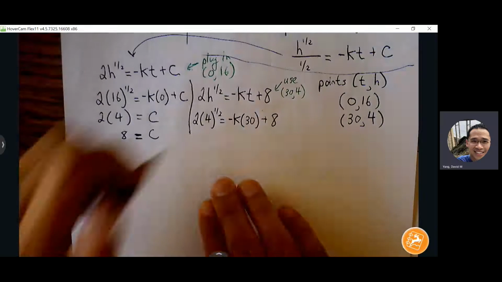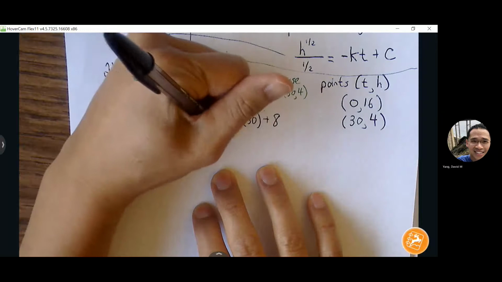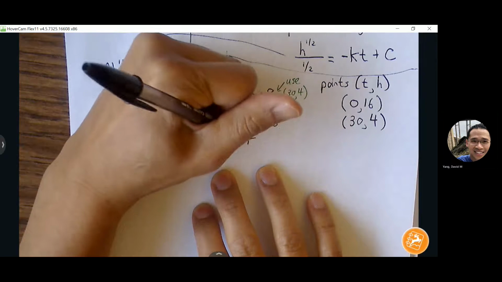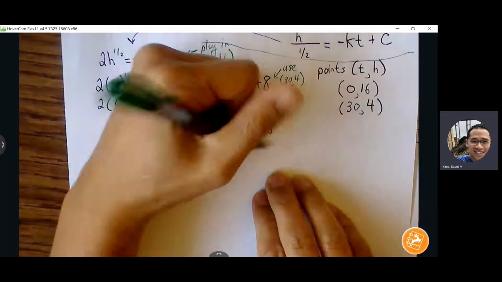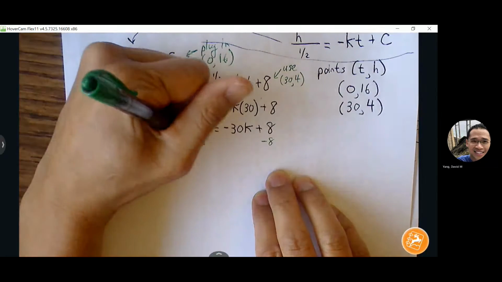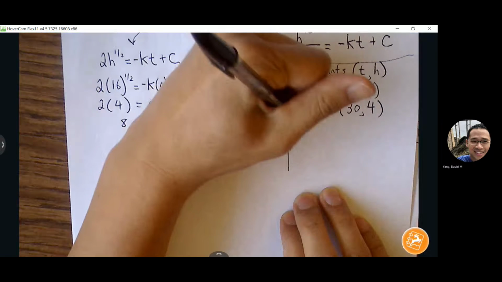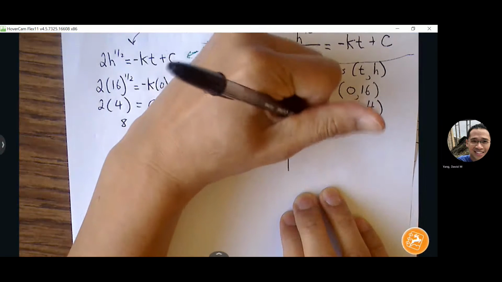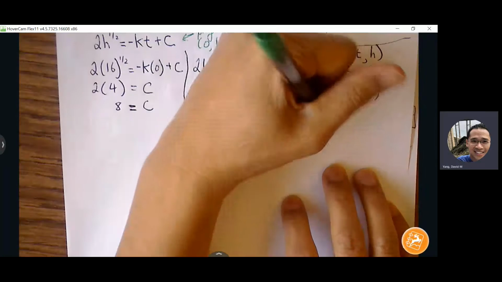Square root of 4 is 2. 2 times 2 is 4. Okay, subtract 8 from both sides. Okay, divide both sides by negative 30.